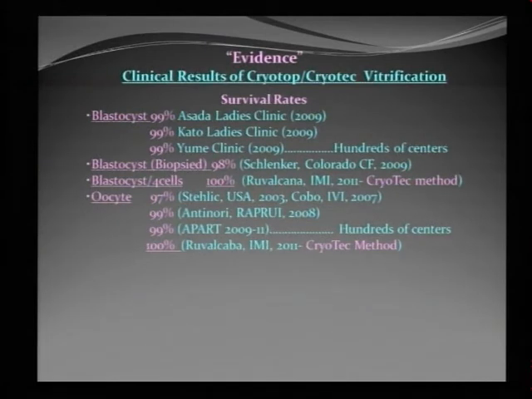For example, for blastocysts, Asada Ladies Clinic in Japan reports 99%, and Kato Ladies Clinic, our clinic, and Yume Clinic, our group, 99%, and more, hundreds of centers in many countries have reported at scientific societies more than 99% survival. And biopsied blastocysts had 98% survival, reported by Dr. Schoolcraft.